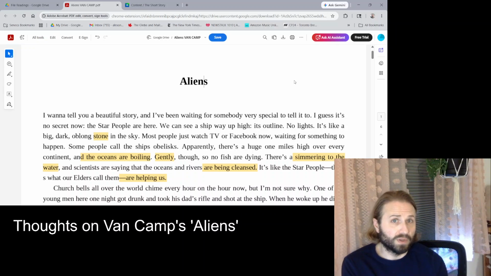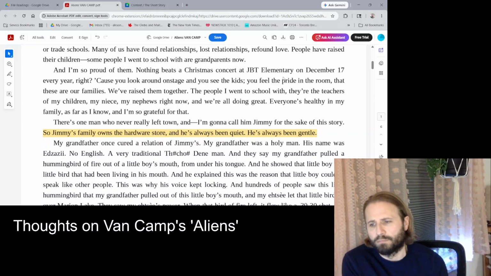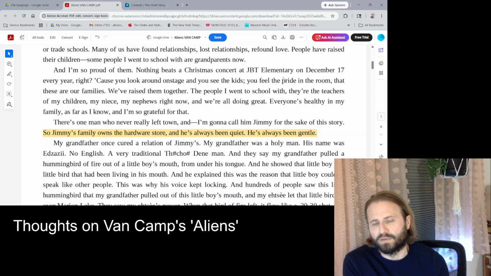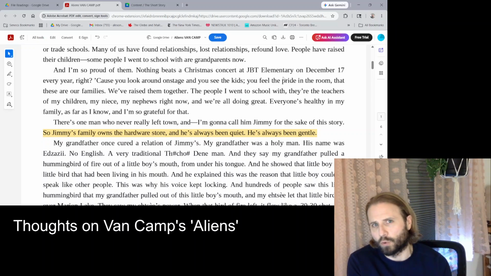The narrator of the story, the aunt of Chandra, describes him as being quiet and he's always been gentle. And the first time that we hear about him, he's standing in the back of lines. He's always in the back, he never does this. So we see Jimmy right from the beginning as someone who is an outsider, someone who's not involved in the mainstream actions of a community. He sits around the side of parties. He stands against the wall often, and he's described as gentle and quiet.